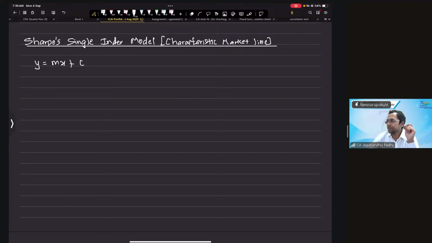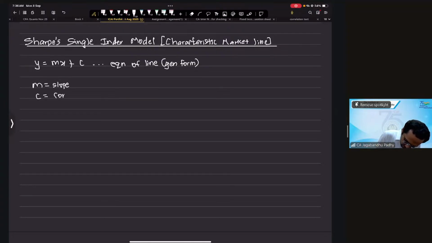I suppose in geometry, or in your foundation days, you might have learned that this is the general form of the equation of a line. So the general form of the equation of a line is y equal to mx plus c, where m, what is this m? Can I say slope?